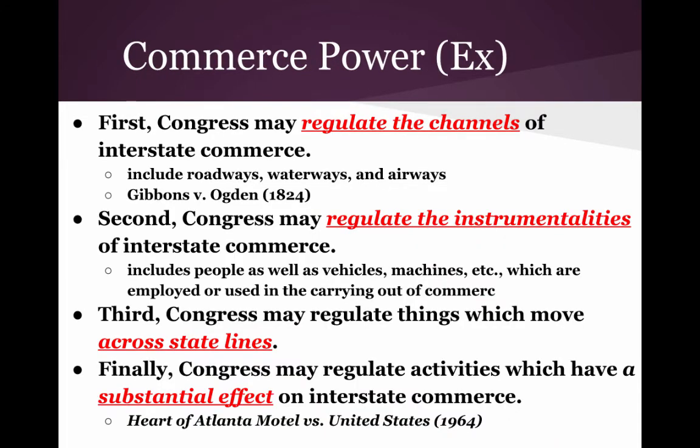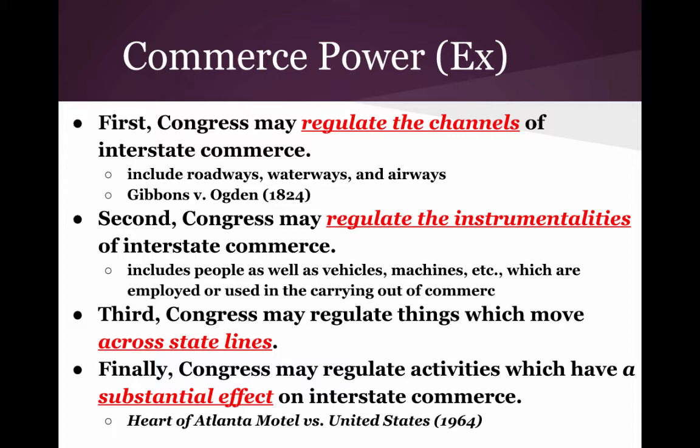One of the best examples of this is the Commerce Clause. If we take a look at the Commerce Clause in Article 1, Section 8 of the Constitution, it says Congress has the power to regulate all interstate commerce as well as commerce between states and other nations.